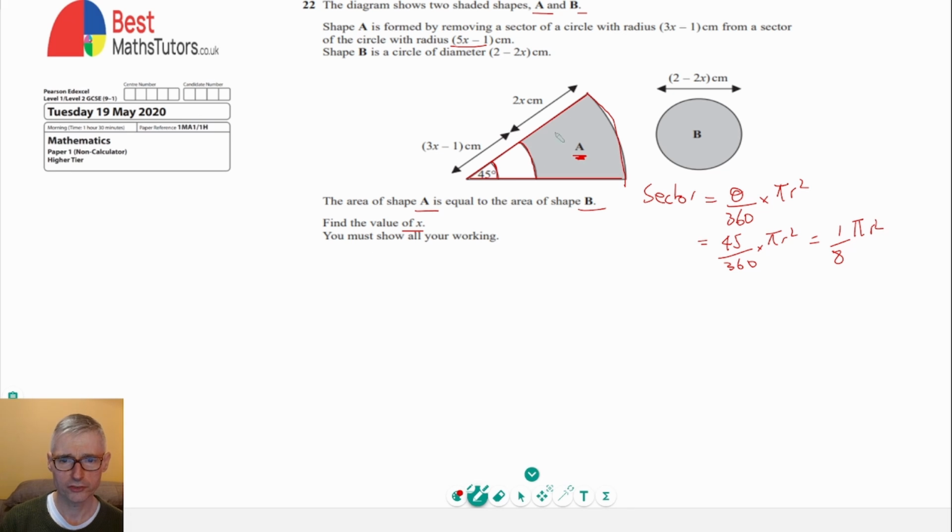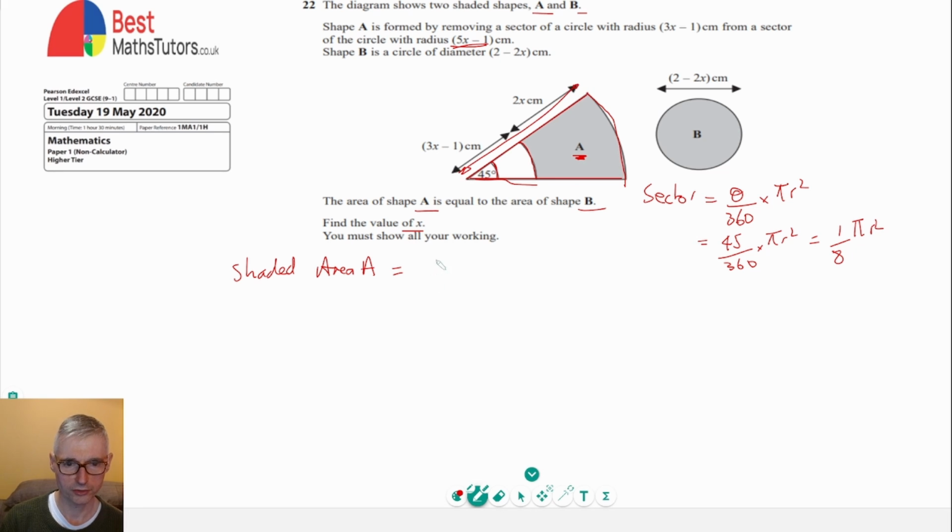So then we can say the shaded area A is actually going to be equal to the full shape from which A has been taken. So it's going to be 5x minus 1, because that's the whole distance here, the radius for that.